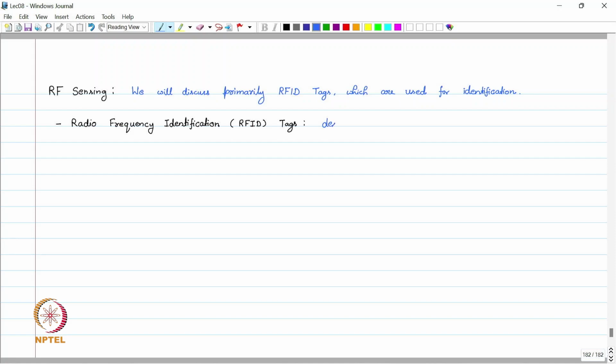This describes technologies that use radio waves to automatically identify people or objects.